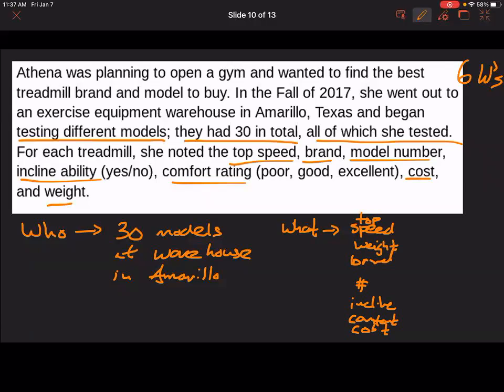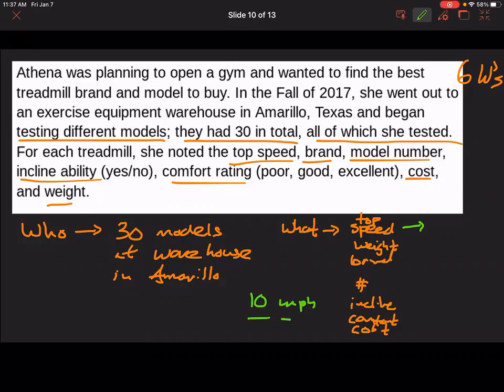So top speed of a treadmill is probably going to be measured in miles per hour. So like 10 miles per hour, for example. And remember our question, because we also want to label these categorical or quantitative. And the question we have to ask is, would the value for this variable or the values be numbers with units? If it would be numbers with units, it's quantitative. If not, it's categorical. So top speed, we just said an example, top speed could be 10 miles per hour.